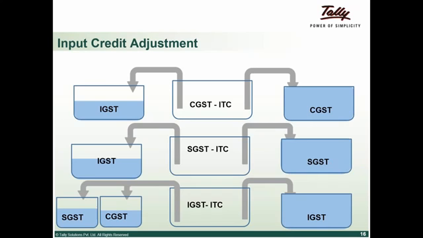So this is the order, and if you notice, the IGST ITC is primarily set off against the IGST, then it says next do your CGST set off and SGST set off.